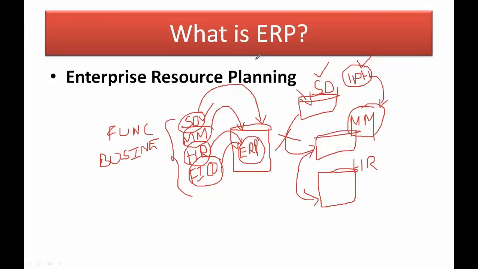So now take the same situation here. Where is the MM data? ERP. Where is the SD data? ERP. Now, do SD people need to contact the MM people? Not required. The data is here only. They can easily find out inside the tool. That is the difference between storing all the data in one single system and storing the data in different systems.